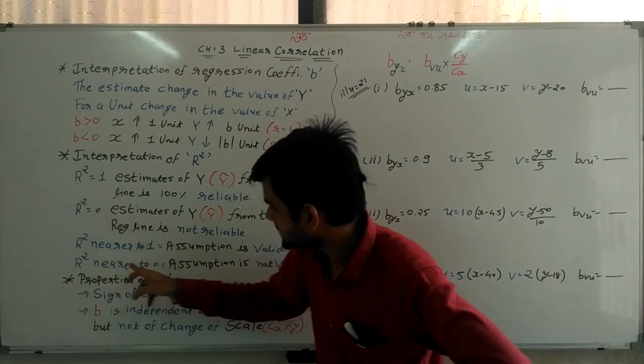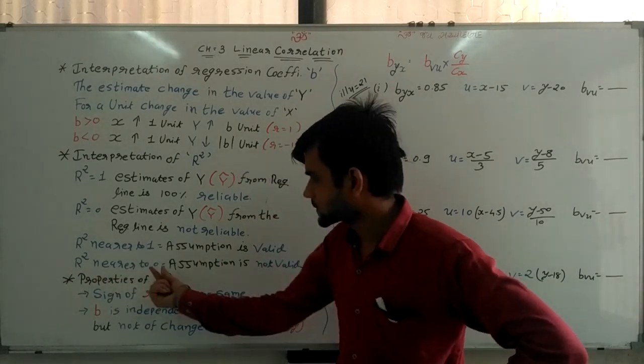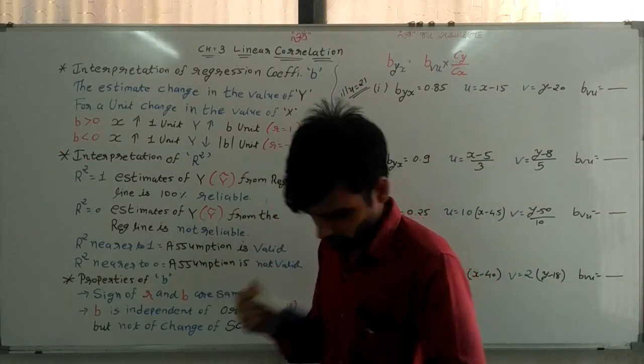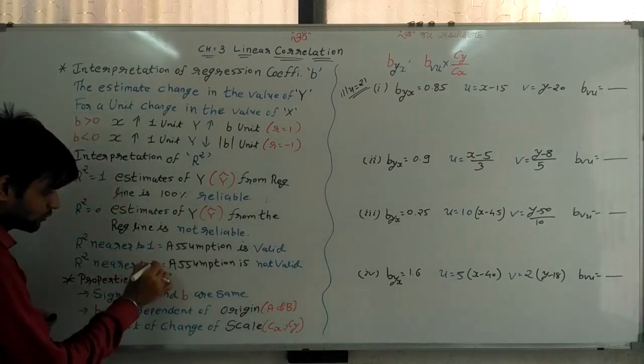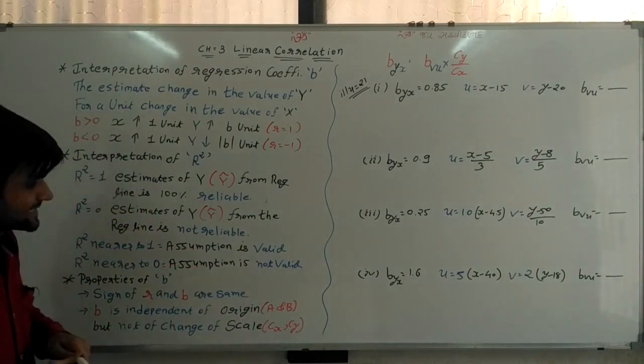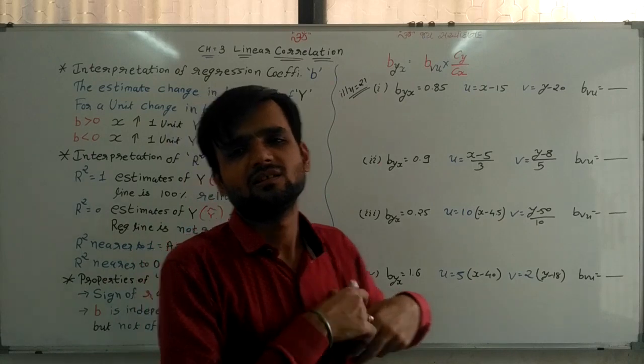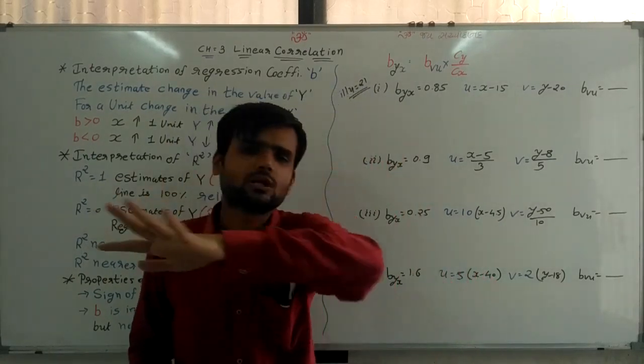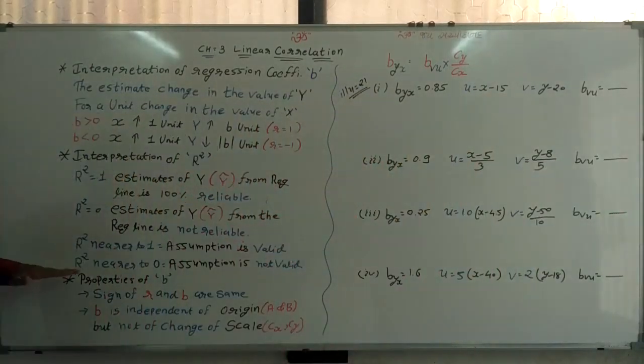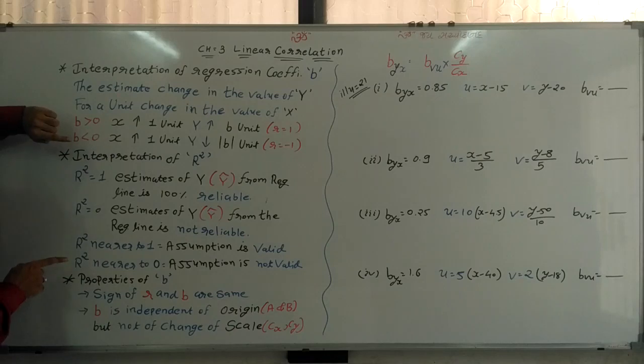Same way, if R square is nearer to 0, here the value is 0, then the assumption is not valid. If nearer to 0, it is not valid. So the interpretation of R square is clear. First the interpretation of B, second the interpretation of R square.